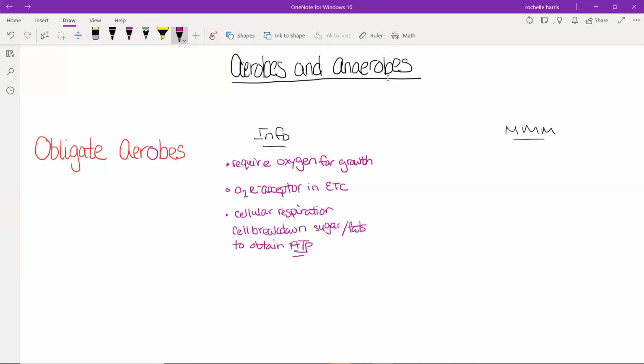And this is what you want, and we see this most from aerobic respiration. All right, so those are our facts.